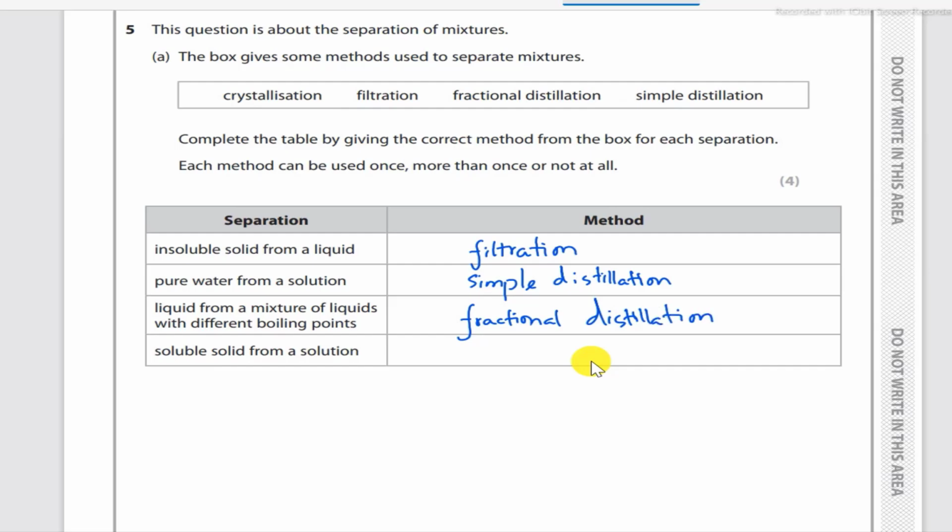Soluble solid from a solution, crystallization method. So insoluble solid from liquid we can separate by filtration. Pure water from a solution, simple distillation method. Liquid from mixture of liquids with different boiling point, fractional distillation method. Soluble solid from a solution, crystallization method.